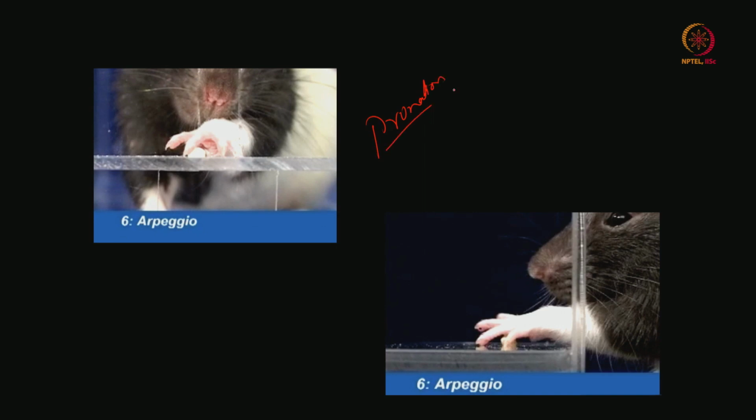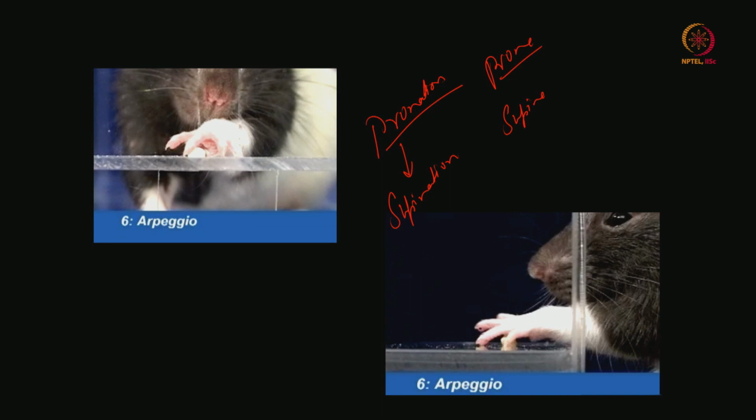All right. Pronation is when the hand goes palm down on the surface. That is the pronation movement, and the opposite of that movement is supination. Okay. So, you need to be familiar with the words prone and supine. The prone is the natural position of the rodent body itself.